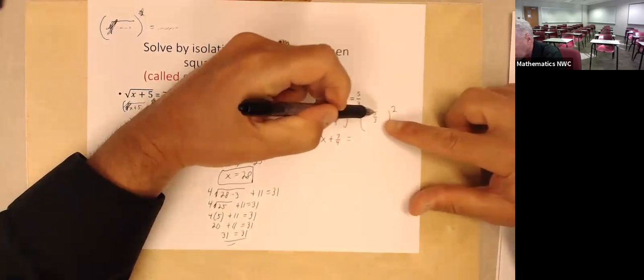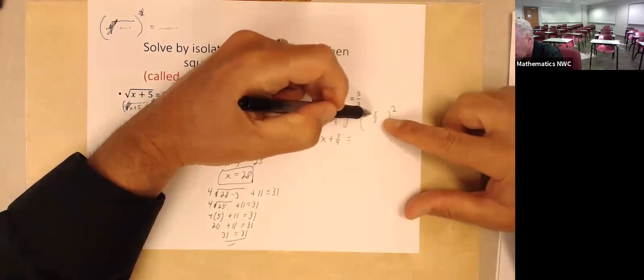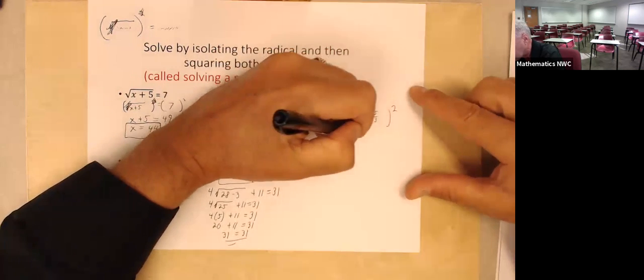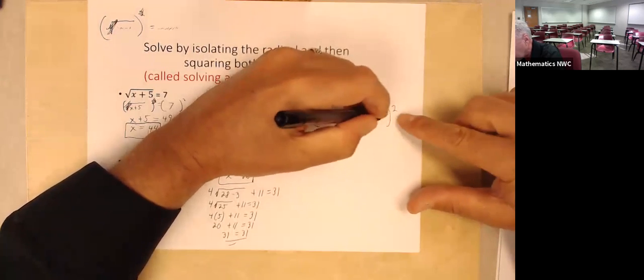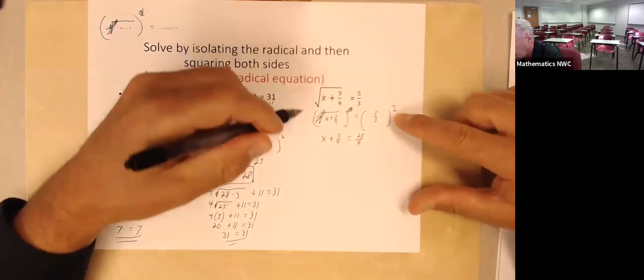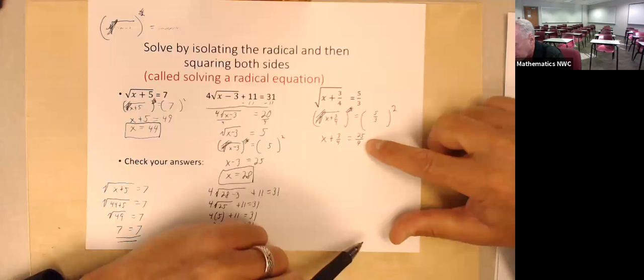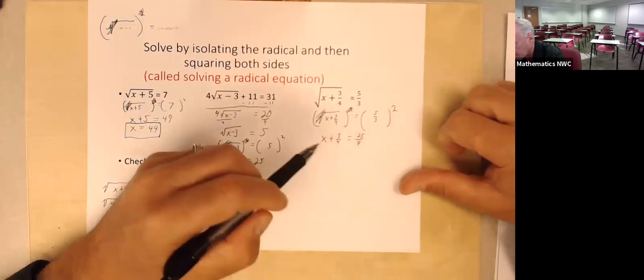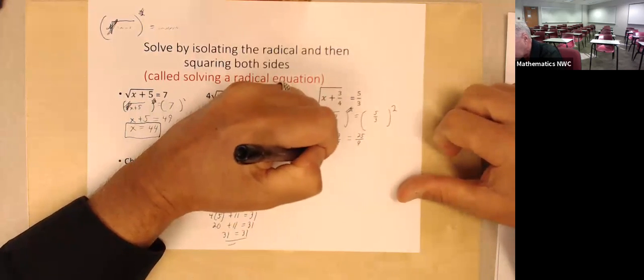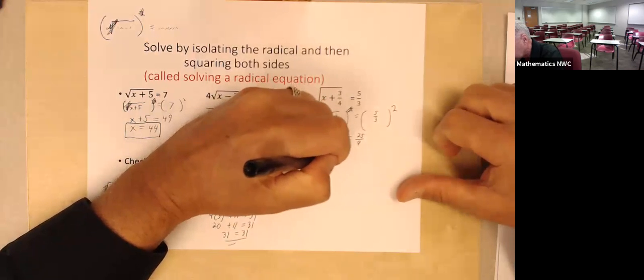Gotta be a little careful here. Don't write down 5/3. There was no radical, so I got to take 5 and square it, which is 25. 3 squared makes 9. A lot of people would have just put the 5/3 down, but it has to be squared. So now I need to bring the 3/4 across.